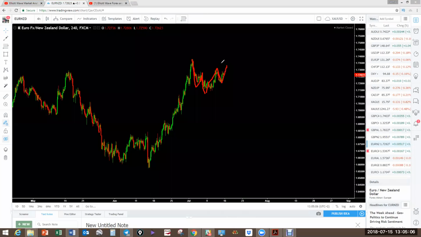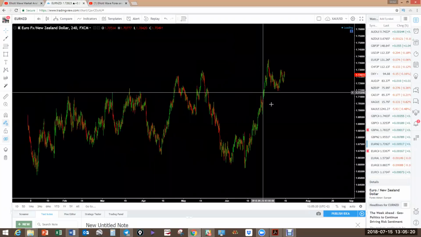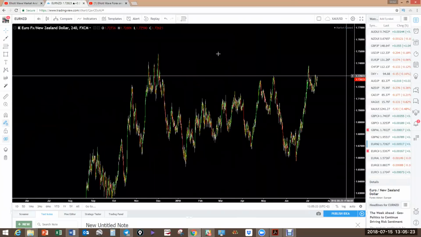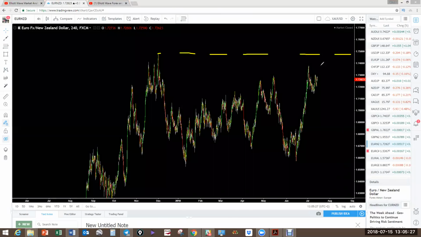Now look out for this one. Could even break here, but we're looking for upside here, continuation to the upside. Okay, continuation to the upside to that level. But we're expecting more to that level that we showed, this level here. Excuse me, this level. Okay, so before it gets to that level, it can come back and do that.